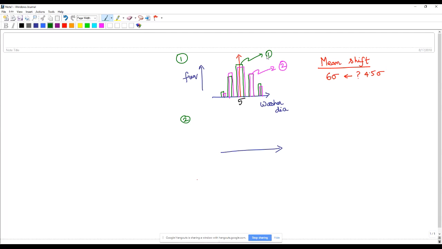Though I have engineered this problem here, you can very well see that there is a small shift in the mean. There is a red and there is a black line.